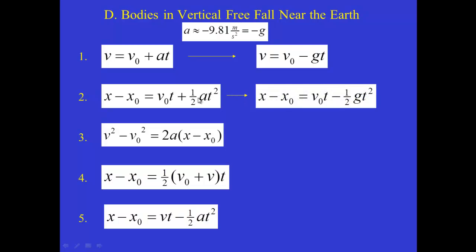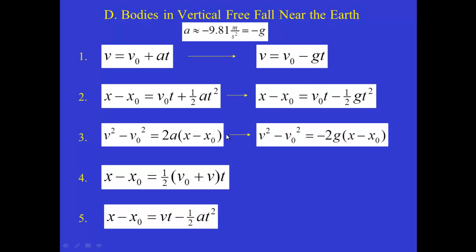The second equation, we only have one substitution to make, so a becomes negative g, and you see the resulting equation on the right. The third equation, the same thing. a is equal to minus g. This one is notable, again, because it's the one equation of the 5 that does not contain the time variable. So it can be useful if we have some given quantities, but we're not given any information about the time.